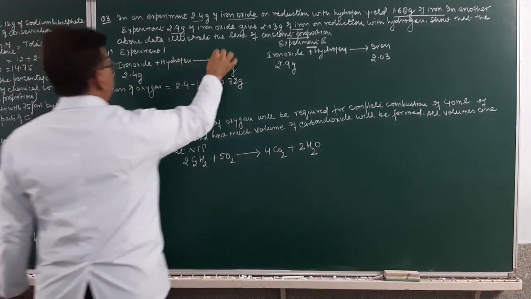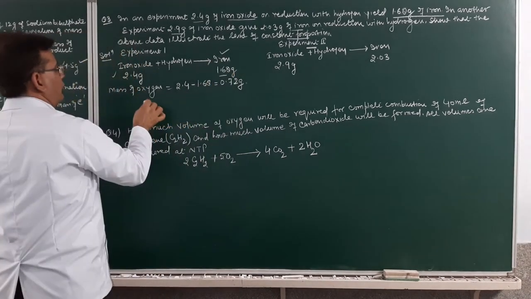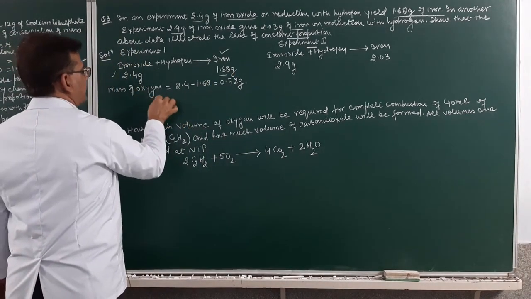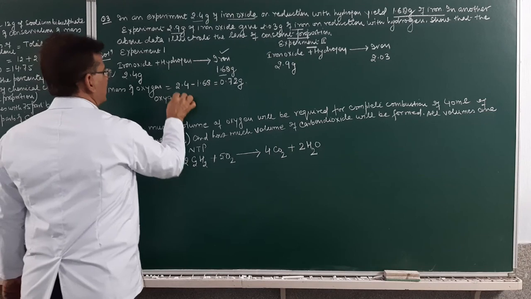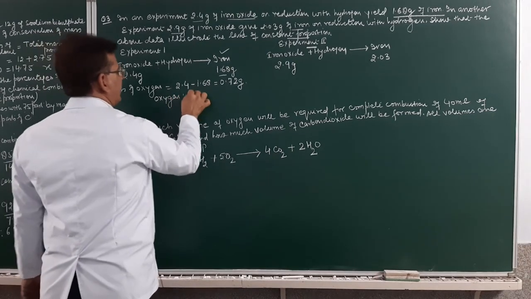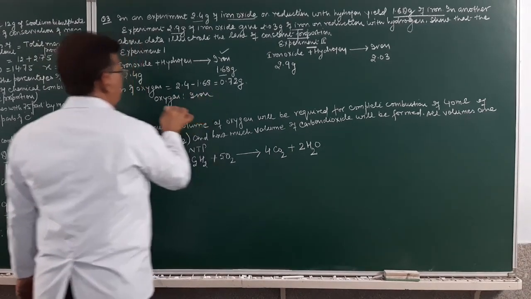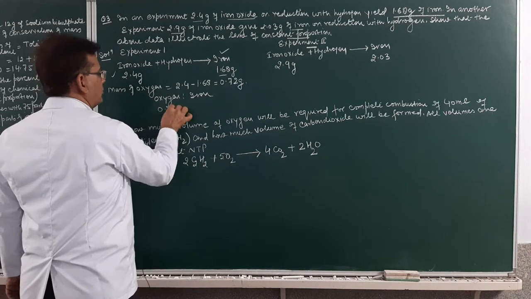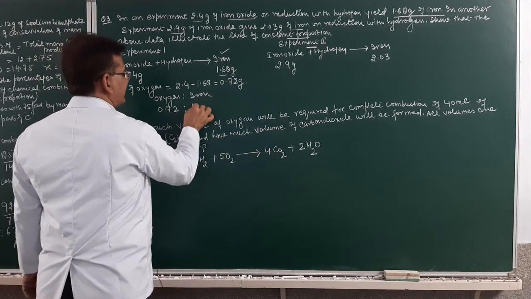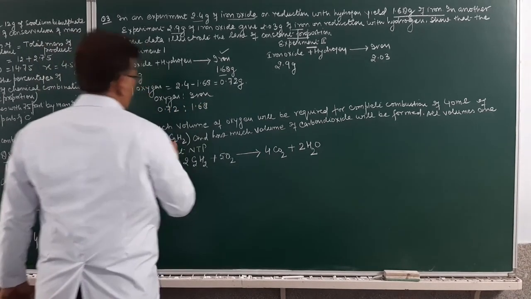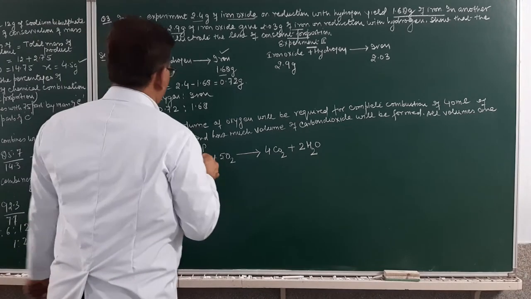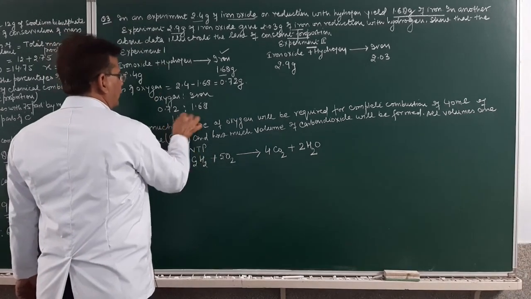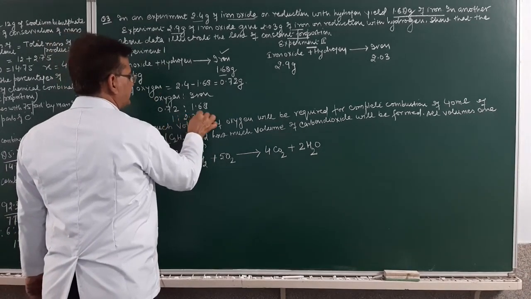What is the mass of iron? 1.68. So the ratio between oxygen and iron will be 0.72 ratio 1.68. If I solve it, it will come to be equal to 1 ratio 2.33.